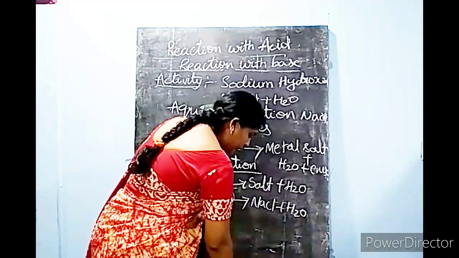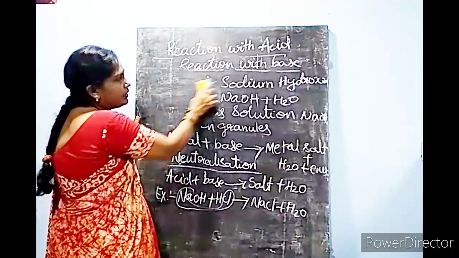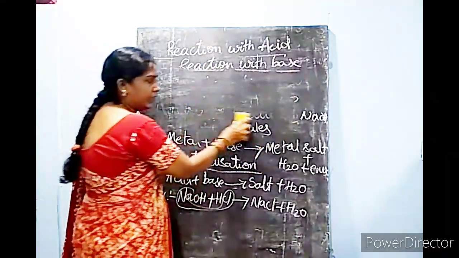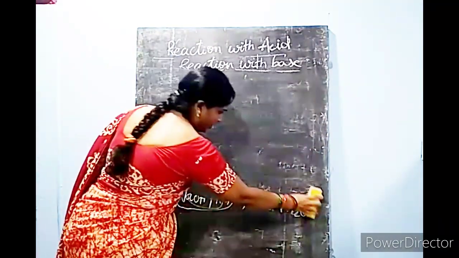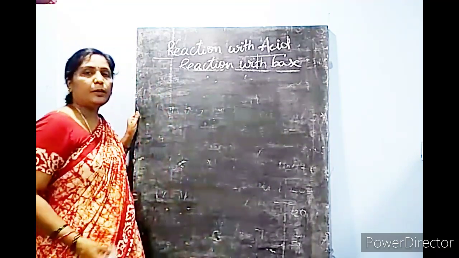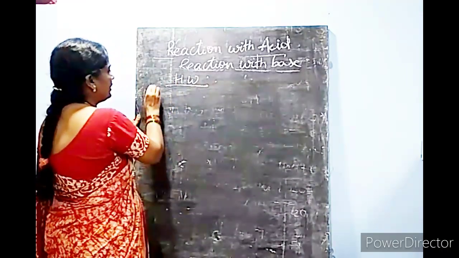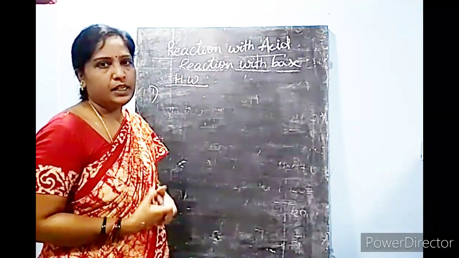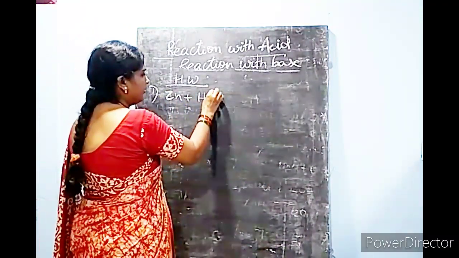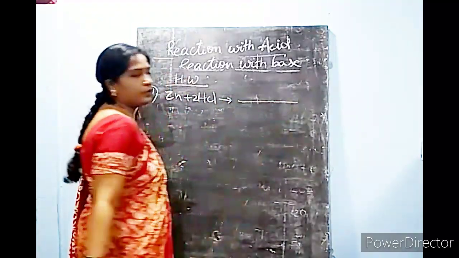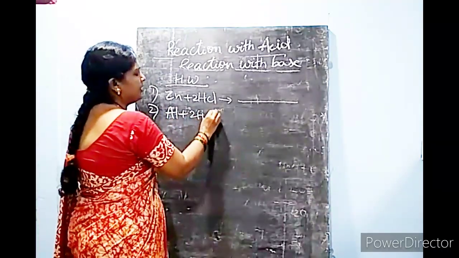To test whether you understood or not, I'll give you some equations. I'll write only the reactants of each equation. You need to find out the products. So your homework is to write the products of the given equations. Zn plus HCl, find the products. Second, Al plus HCl.